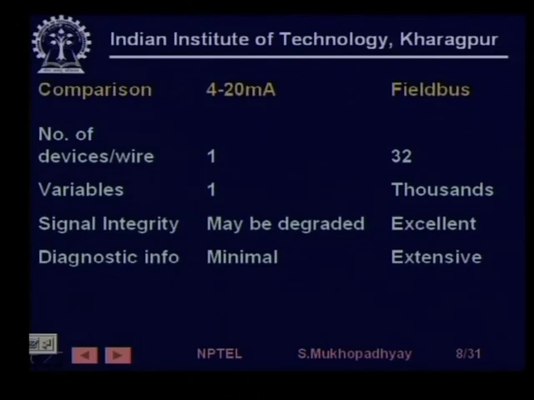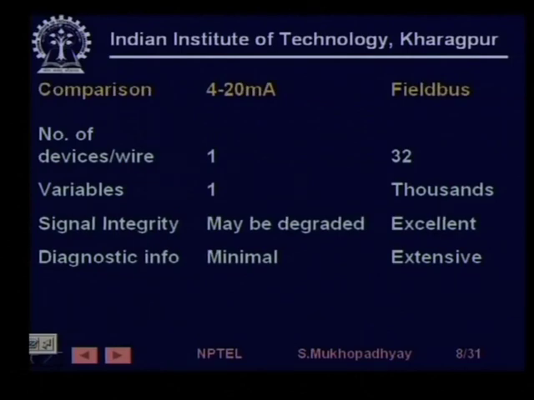Then diagnostic information. Because in the Fieldbus you have intelligent devices, these devices can examine their own signals and do computing to understand whether the device is working properly or not, or whether some fault has developed. Such information is called diagnostic information.